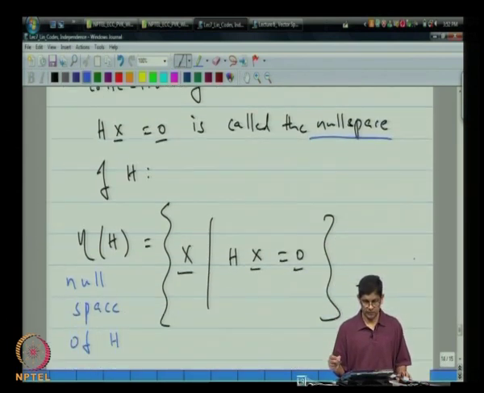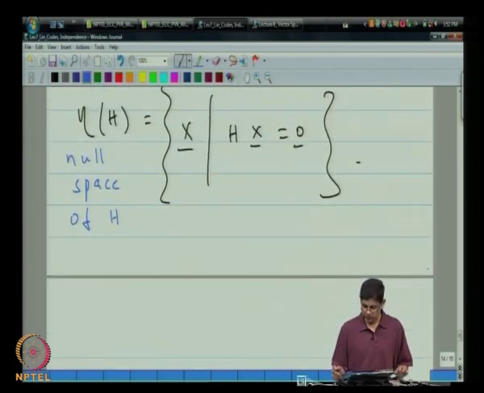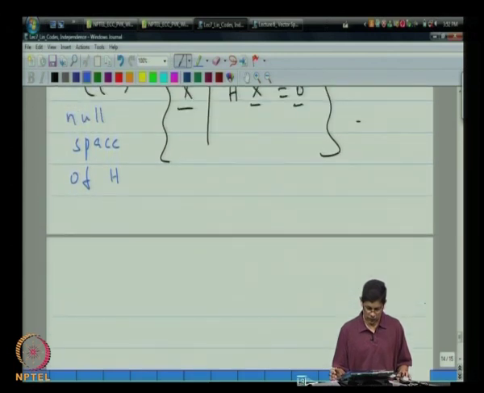Null space is a term that you will frequently encounter in linear algebra, but also in coding theory.